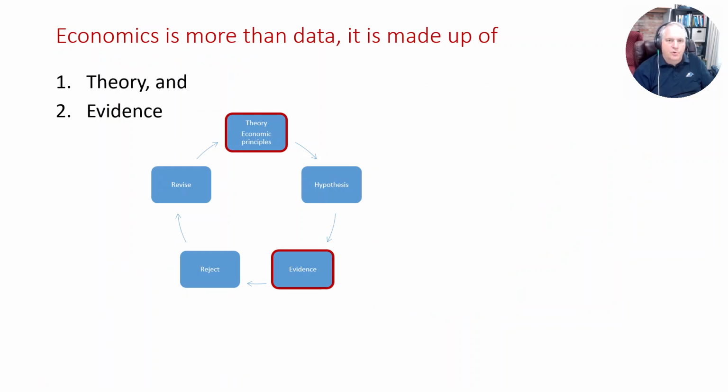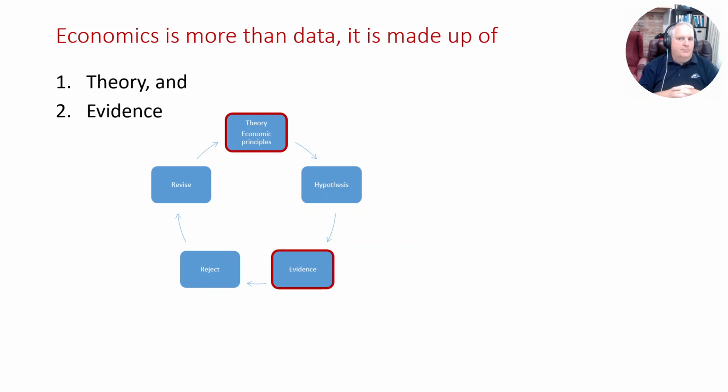Economics is indeed more than data. It's made up of, for our purposes, theory and evidence. We follow the scientific method in economics, and that is that we're going to tell you a story. I usually use the word story and theory interchangeably. We're going to tell you about theory.